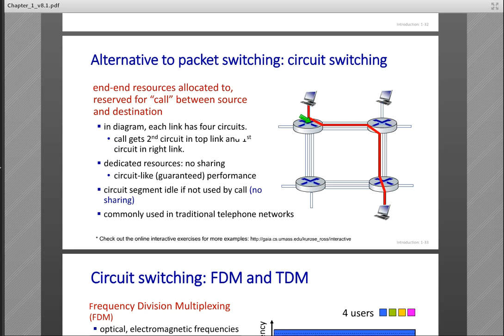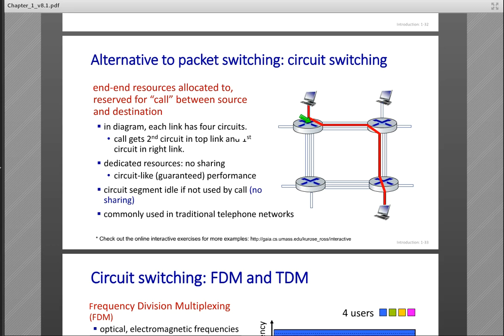This circuit is dedicated to me, and nobody else can use it. Just I can use it. There is no sharing here. No shared resources.